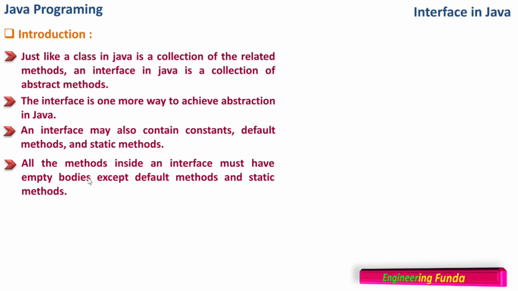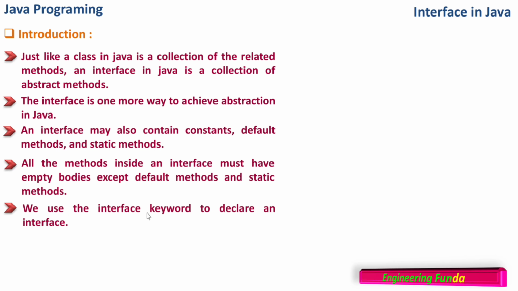So in an interface, all the methods that we are writing will not have the implementation or the code of the method, except the default methods and the static methods. The methods that we declare to be default methods or static methods will have the body, because we need to have the implementation of default methods and static methods within the interface. We cannot go outside the interface and have the body.